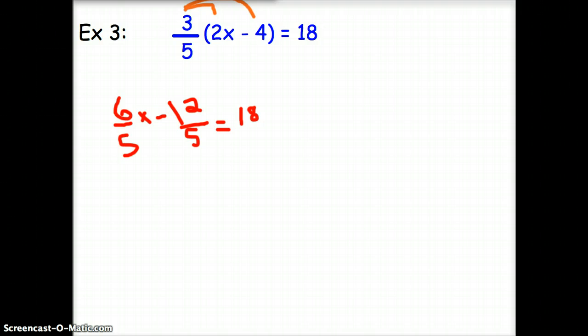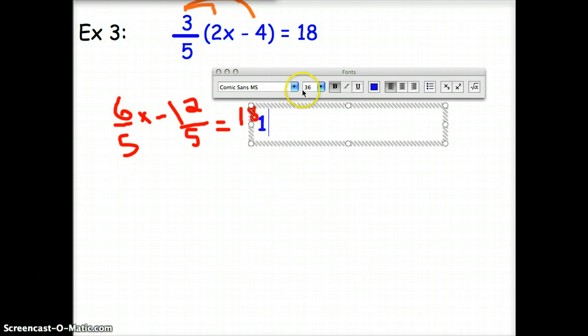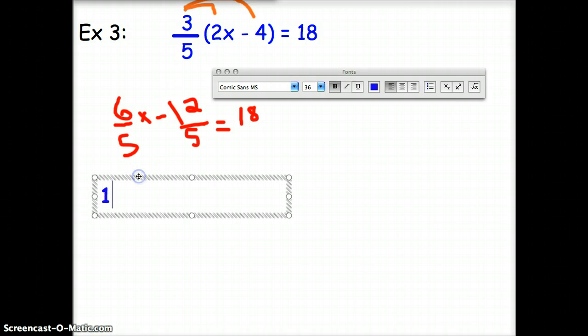I'm going to go ahead and put them in decimal form just because it makes it a little easier typing wise. So let's see, 5 goes into 6 once with 1 left over, or 1/5, which is 2/10, so 1.2x minus 5 goes into 12 twice with 2 left over, so 2 and 4/10 equals 18.